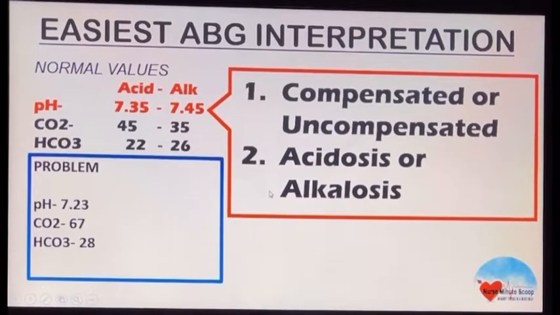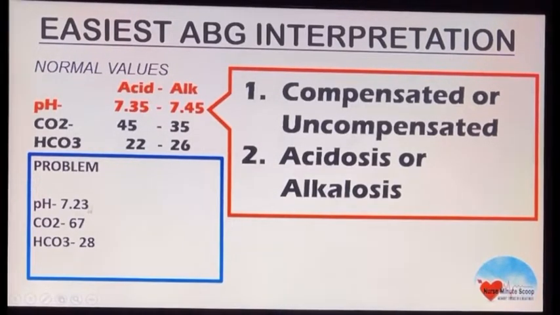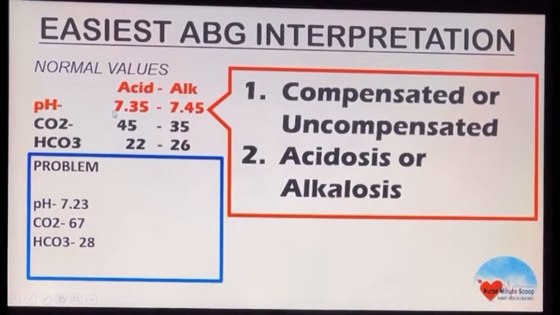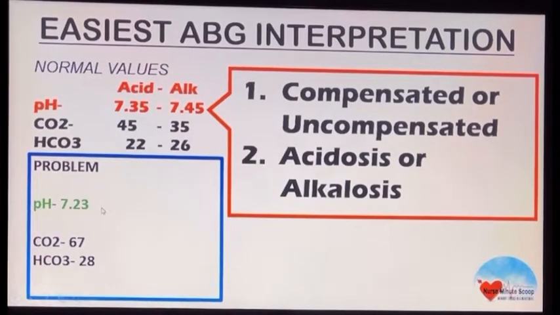So let me give you a problem. Here's our problem. We're looking at the pH. The pH here is 7.23. So what is 7.23? If we look at our pH normal value here, 7.23 is less than 7.35. So first, we're going to check if it's compensated or uncompensated. It's outside the normal range, the 7.23, so it will be uncompensated.